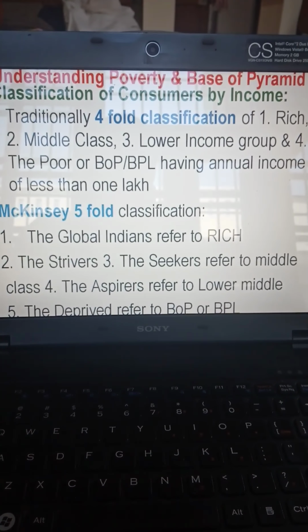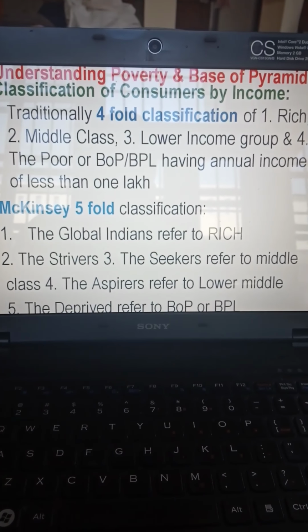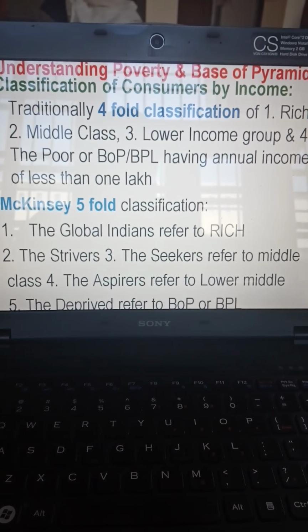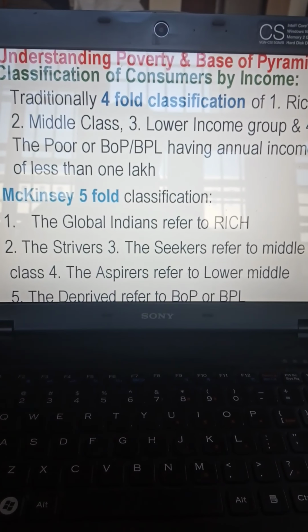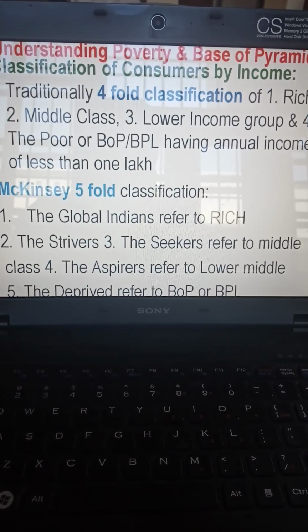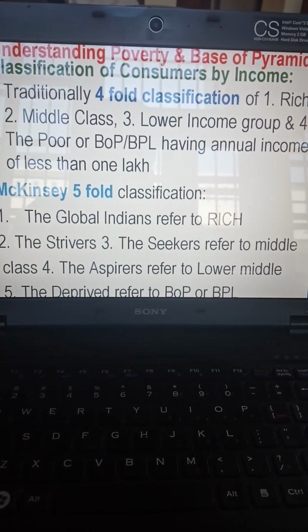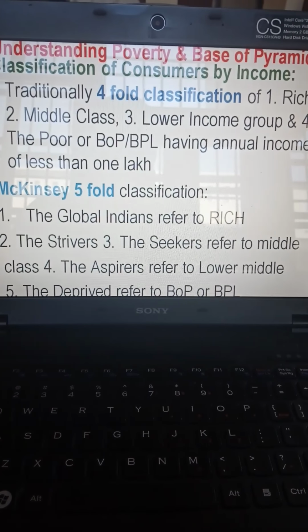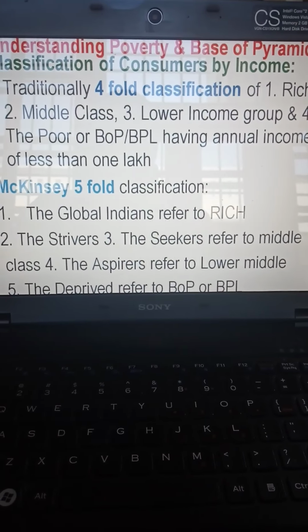Now, McKinsey, the most important firm doing research, has given 5 different classifications. First, the global Indians, who refer to the rich. The strivers and the seekers refer to the middle class. The aspirers refer to the lower middle class. And the deprived refer to the BOP or the BPL. That means BPL means below the poverty line.